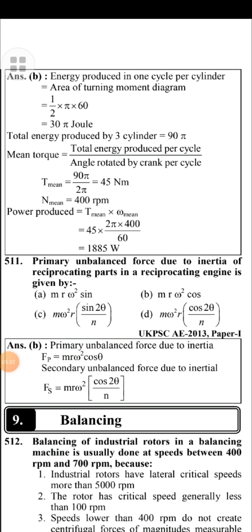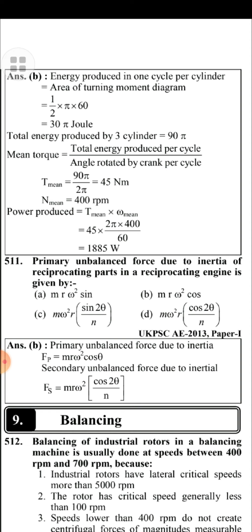Power developed: energy produced in one cycle per cylinder equals the area of the turning moment diagram, that is 1/2 × π × 60 = 30π joule. Total energy produced by the three cylinders is 90π. Mean torque is total energy produced per cycle divided by the angle rotated by the crank per cycle, 90π by 2π, that is 45 Newton meter. N mean is 400 rpm.